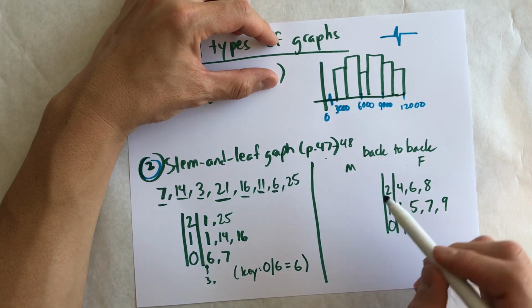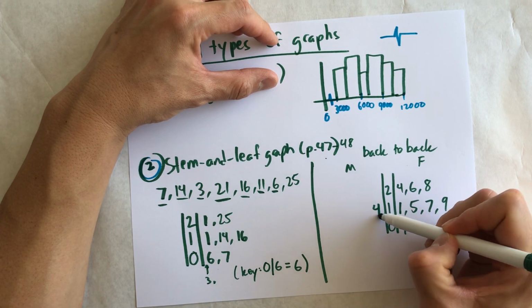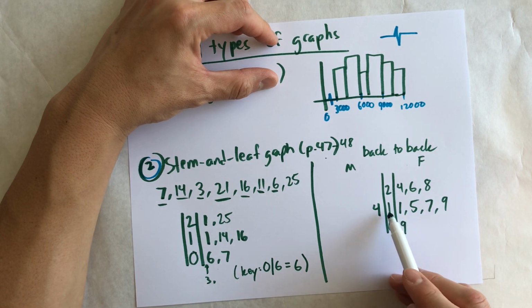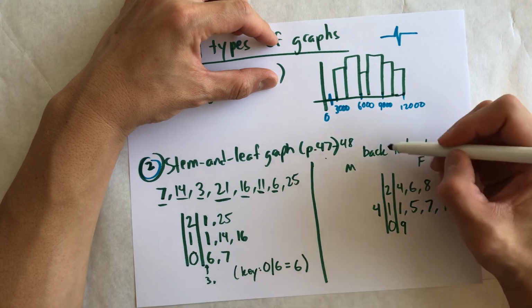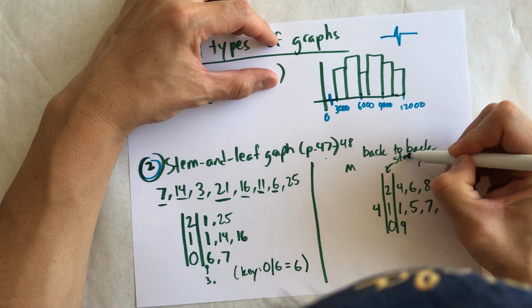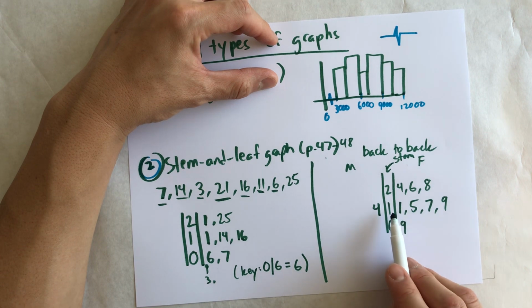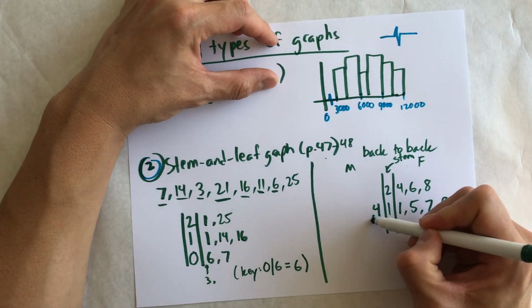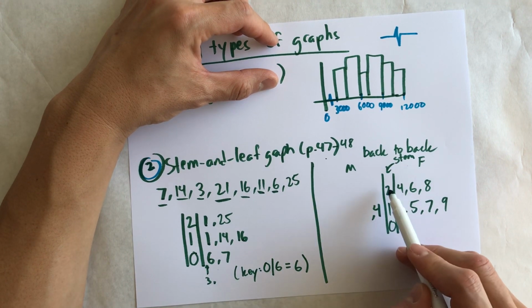And then for males, maybe there is someone with 14. Now this 1 and 4, this is not 41, okay? Because this is your stem, and you have leaves on both sides. This is 14, not 41. You always want the smallest number closest to the stem.